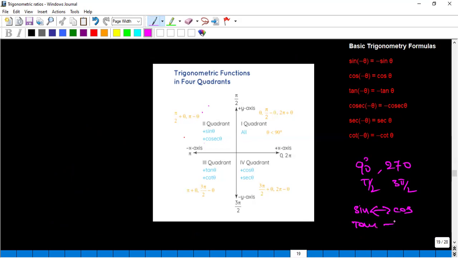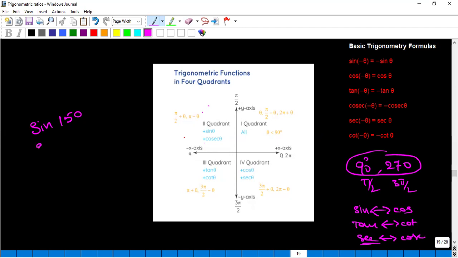Tan will become cot, cot will become tan. Secant will become cosecant, and cosecant will become secant. Only for these two angles. Okay. Suppose you are finding sine 150 only. Let me take this 150.